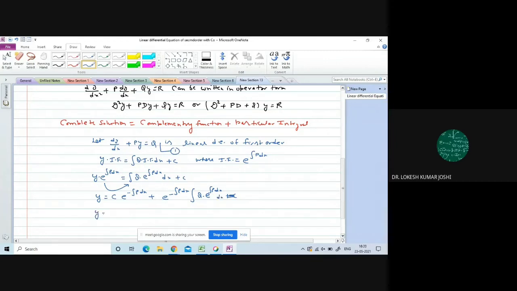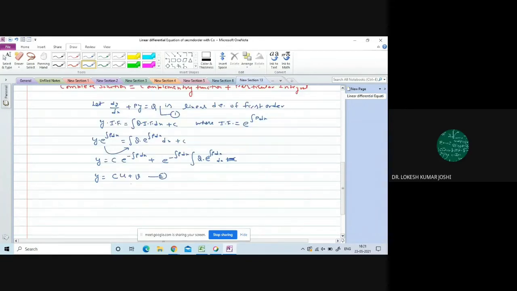And we can call it y equals cu plus v, say equation number 2, where u equals e to the power minus integral p dx and v equals e to the power minus integral p dx times integral of q into e to the power integral p dx dx.